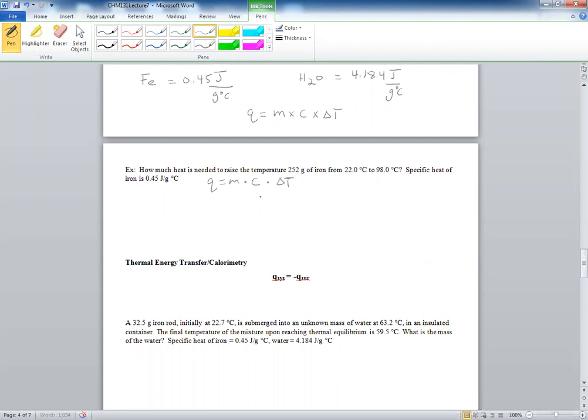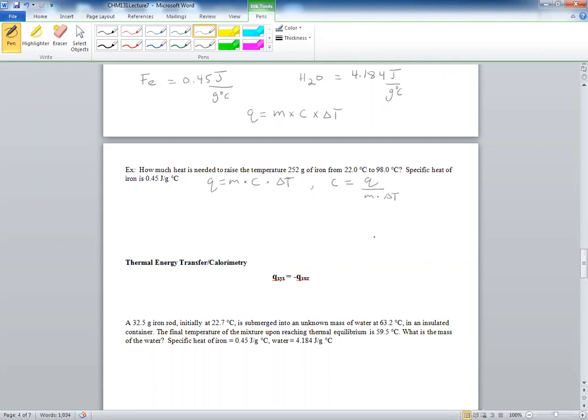If I'm solving for specific heat, it would be Q over M times delta T. Or if I'm solving for delta T or even one temperature, then I would be solving for delta T, and then of course I would go on to do the rest of my algebra.